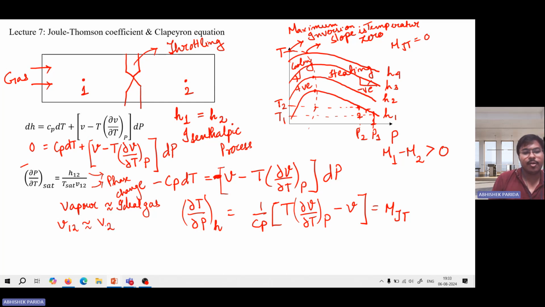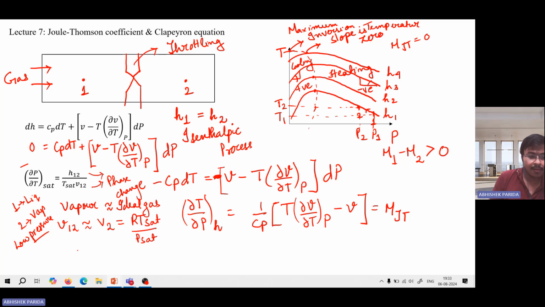Let us say 1 is the liquid, 2 is the vapor. So the specific volume of vapor is much higher than the liquid at low pressure. Now in that case, V12 is equal to V2, and this can be taken from RT saturation by P saturation, just the ideal gas equation.